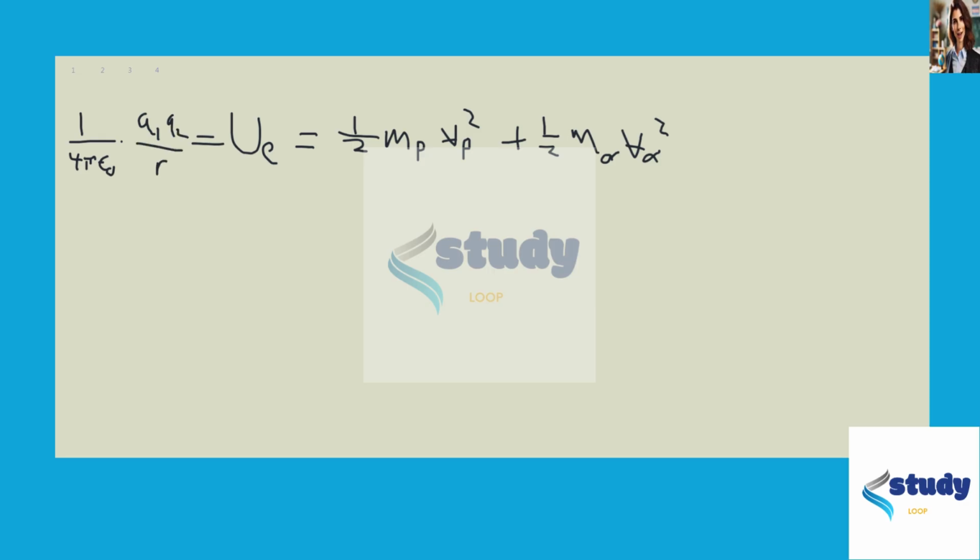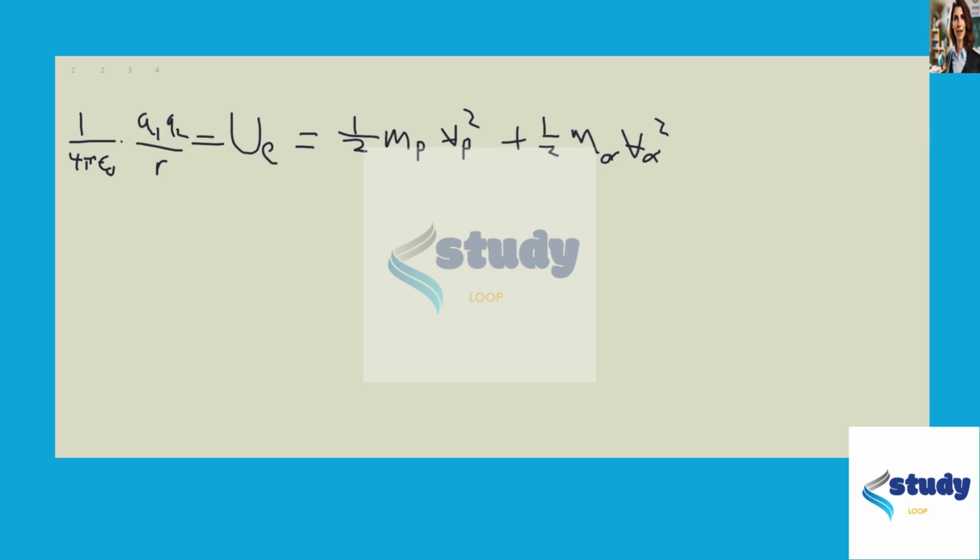So this should look very familiar to the force equation. It's just divided by r instead of divided by r squared. Okay, so right now we have all of these numbers except for the final velocity of the two particles. And that's a problem because we only have one equation. We can't solve for two unknowns. So we need another equation.